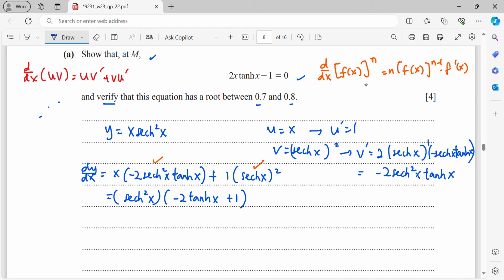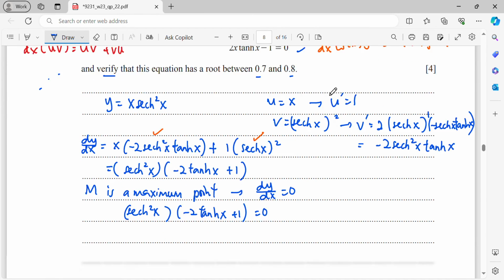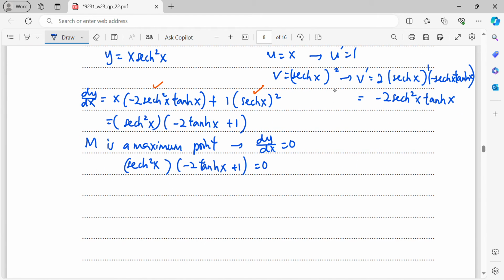Then now, since M is a maximum point, that means dy/dx equals 0. So the product of two terms equals 0. But we know that the square of hyperbolic secant x is basically 1 over cosh square x.